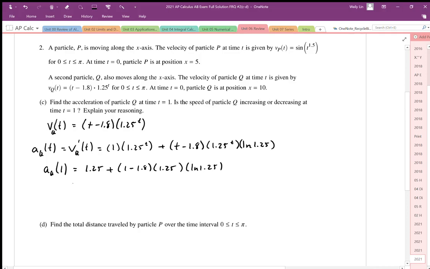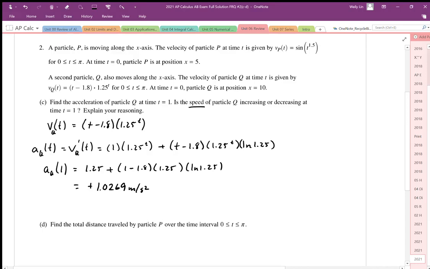And working this out, we get a value of positive, and again that positive is significant, 1.0269. Okay, and I'm assuming this is in meters per second squared. So there's our acceleration.